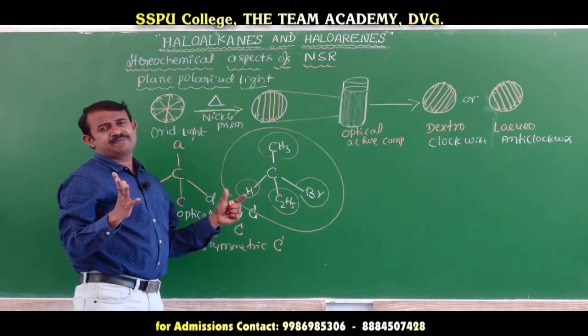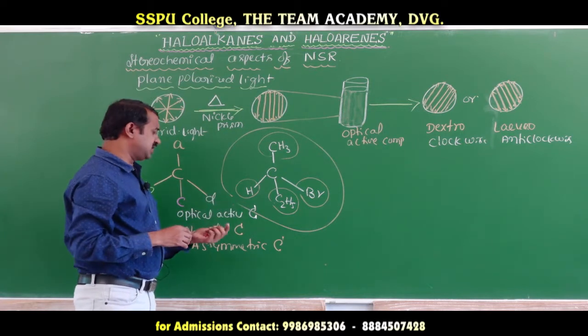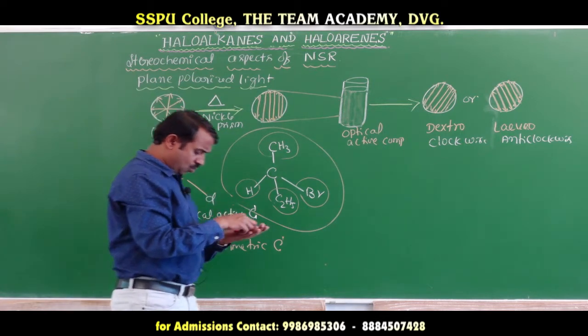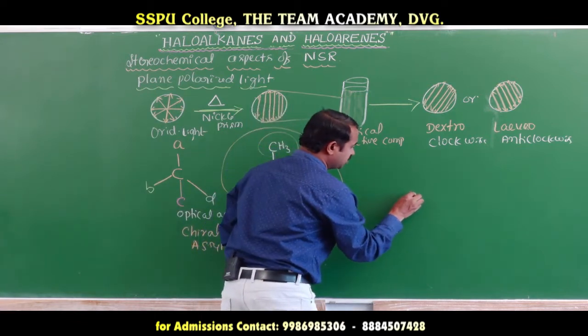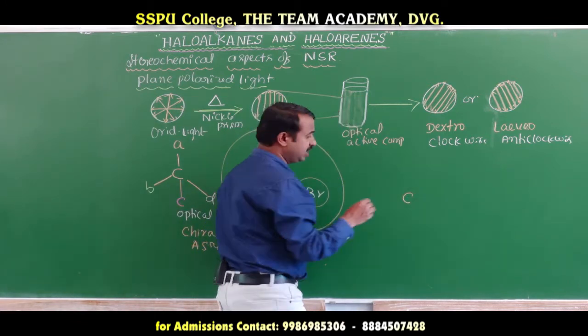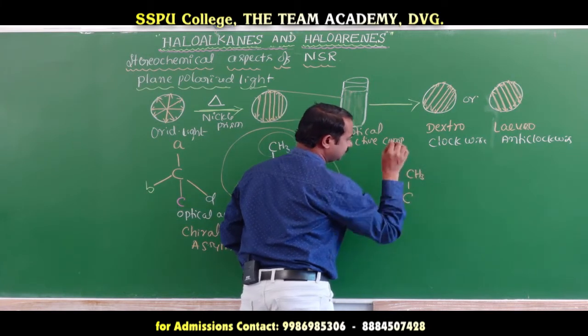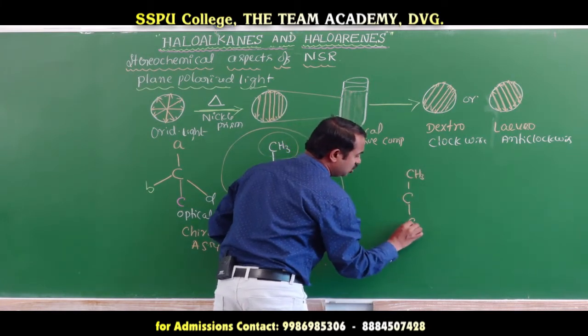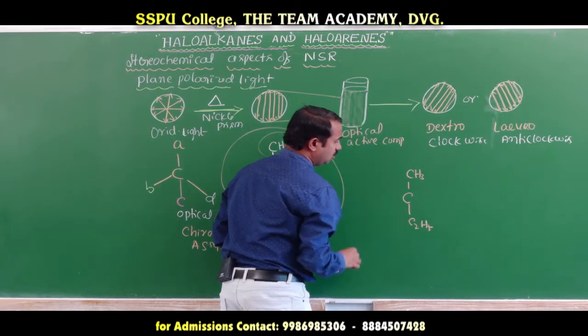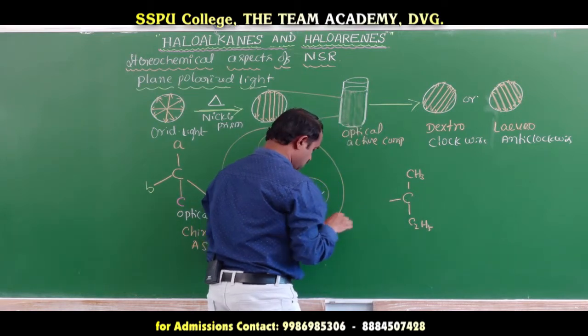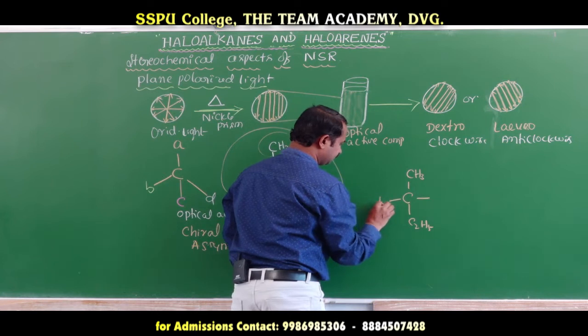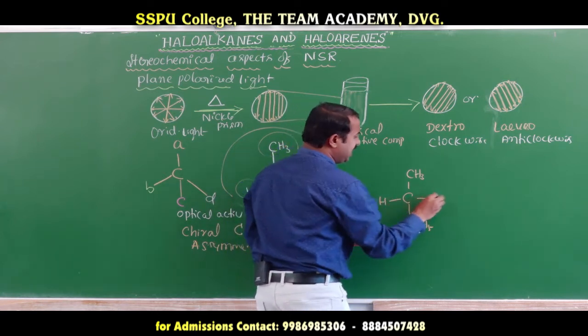Suppose I take a carbon with CH3, C2H5, hydrogen and bromide.